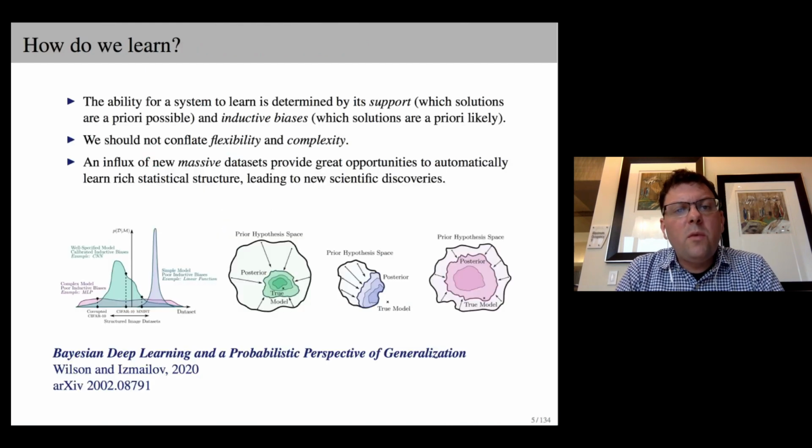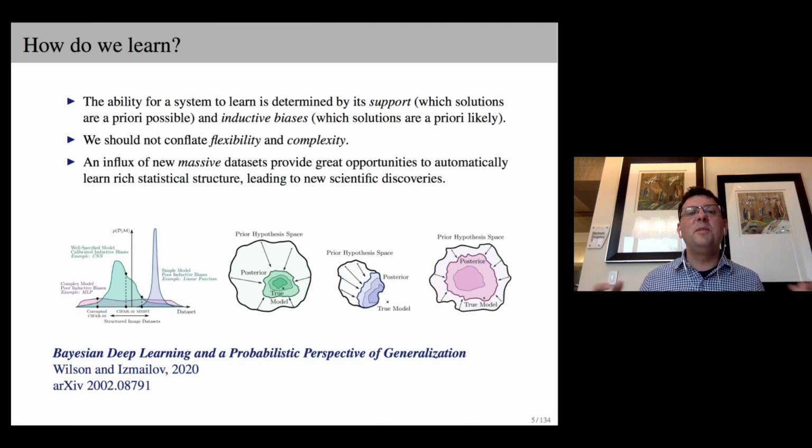In order to construct models with good generalization, we'll argue that we want large support, the support being which solutions are a priori possible, and reasonably calibrated inductive biases, the inductive biases being the distribution of support, which solutions are a priori likely. So we can consider the support to be the flexibility, and we want a lot of flexibility.